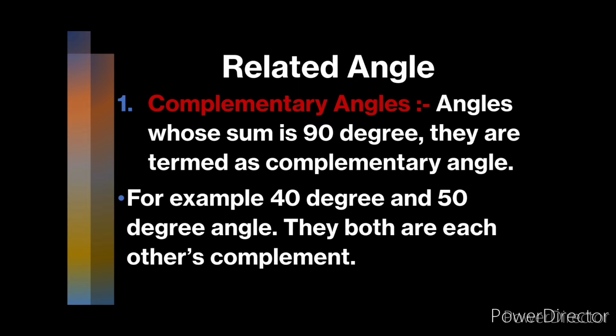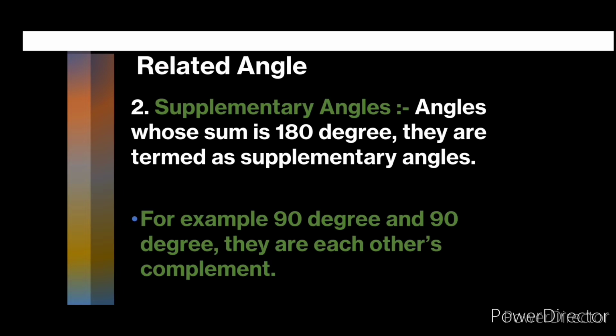So let's move to our next topic, that is supplementary angles. Now what is a supplementary angle? A pair of angles whose sum, on adding up, comes to 180 degrees. These pairs of angles are called supplementary angles.